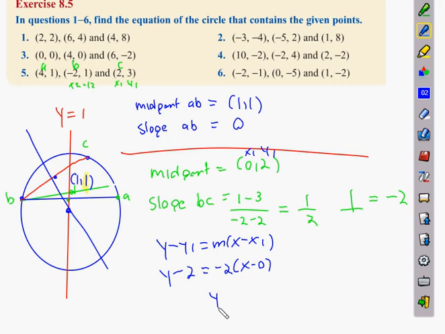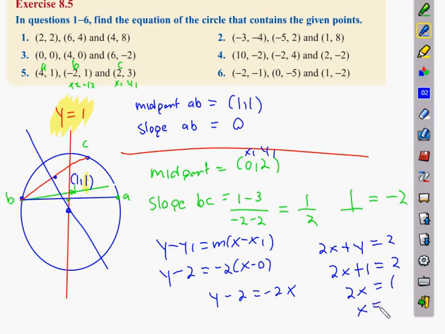Y minus 2 equals minus 2x, and then 2x plus y equals 2. Now, because we know what the y value is, we know that y equals 1. We can then replace y equals 1 into this equation here to find out what x is. So we're going to get 2x plus 1 equals 2, 2x equals 1, x equals half.